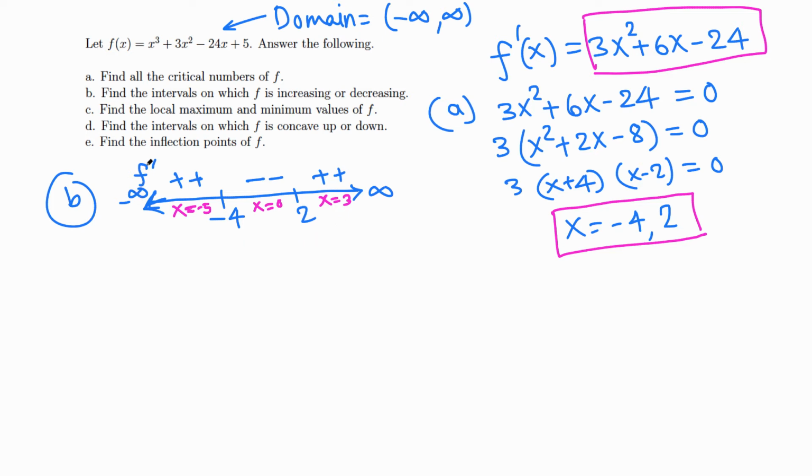And we know that when the derivative is positive, that means the function is increasing there. f prime negative means the function is decreasing.